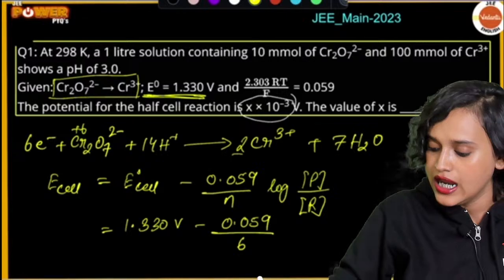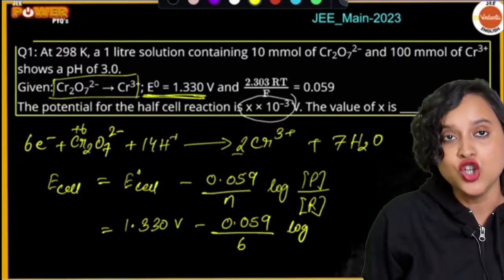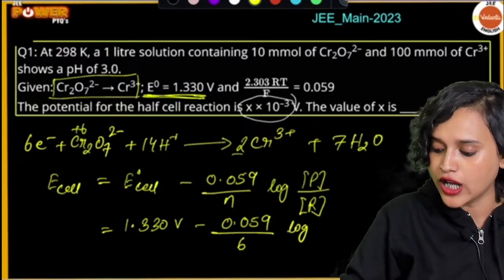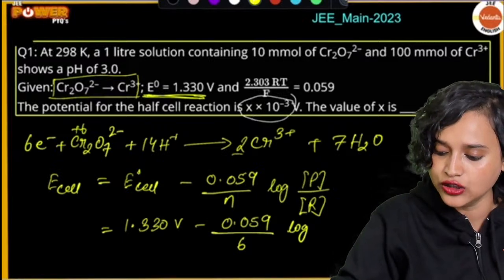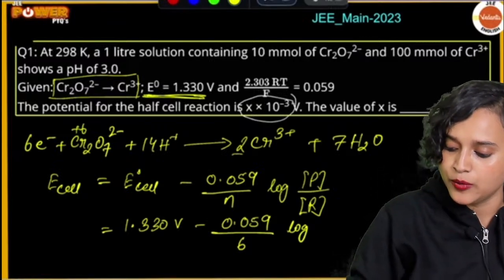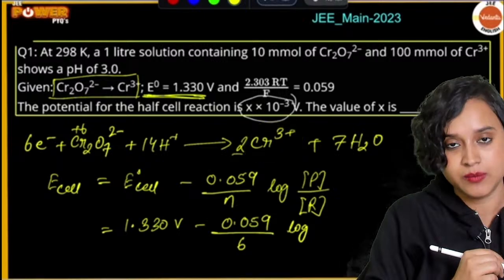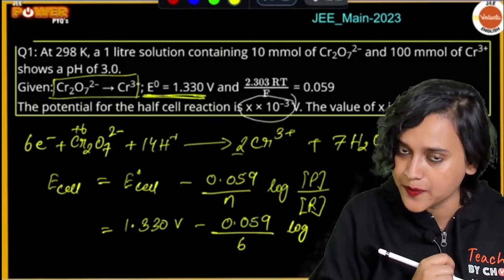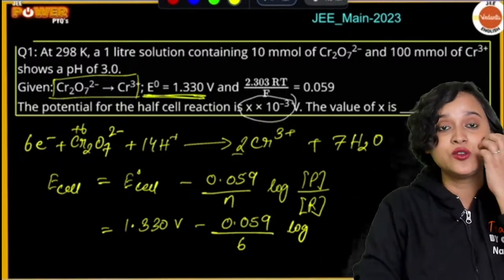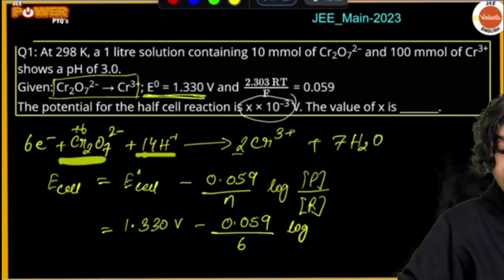Now, see what I'm doing? Log of product. What is the product? Here you have Cr3 plus. And on the reactant side, you have Cr2O7 and 14H plus.